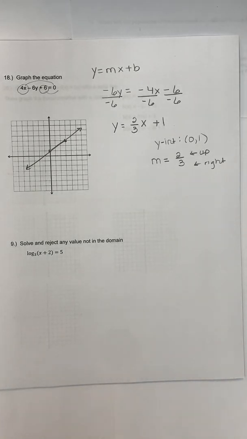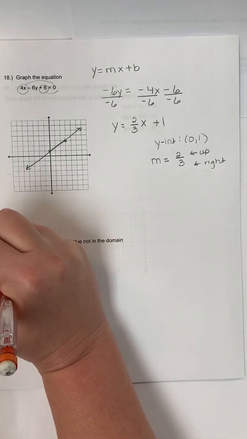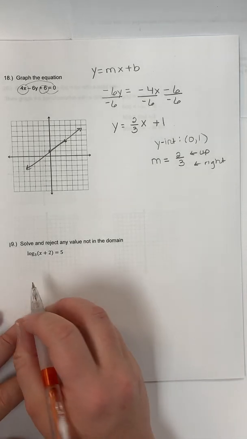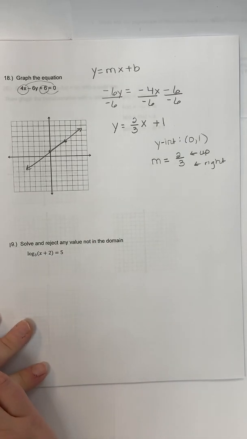All right, number 19. It's supposed to say 19, it says 9. Solve and reject any value not in the domain. So remember, we're going to have to check our domain. I only have 1 log here, so I'm going to have to rewrite this in exponential form.